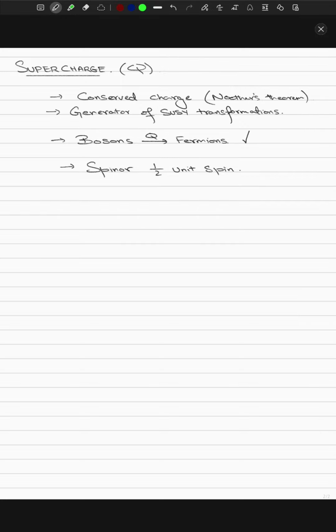We talked about Grassmann numbers in the previous lecture. We did not go into a detailed analysis of Grassmann numbers, but we mentioned what they are. Another thing to note over here is that the supercharge is described by what is called a super Poincare algebra, right?